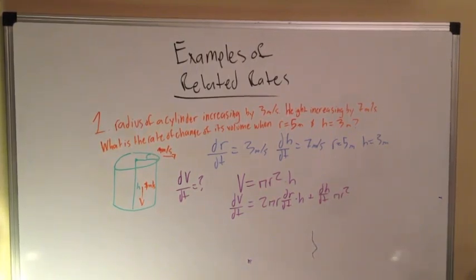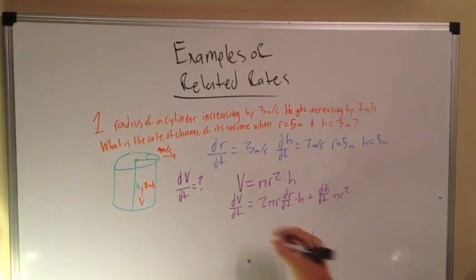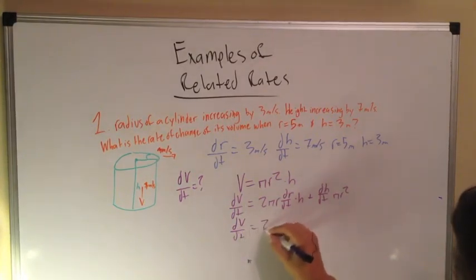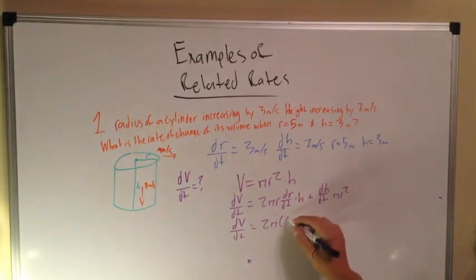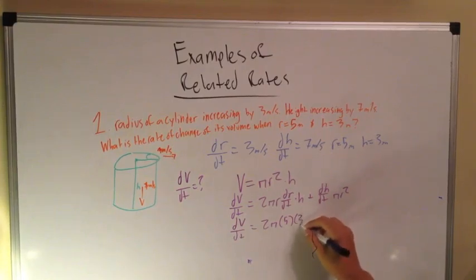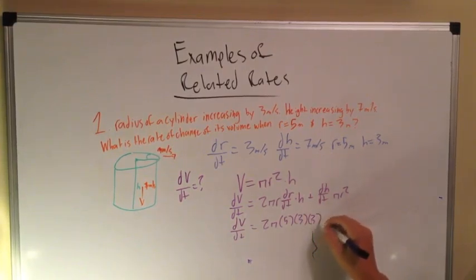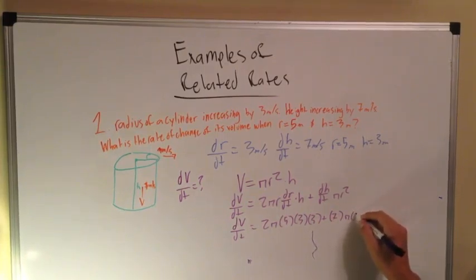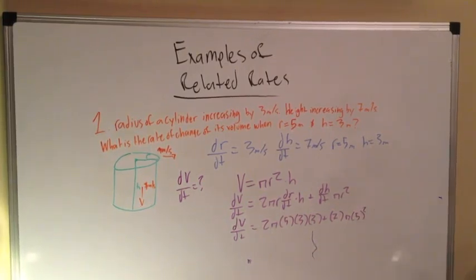And now you are left with an equation where you already know most of the things and you only need to find this one. So you plug in and what you get is dV/dt equals 2 pi times 5 times 3 times 3 plus 7 times pi times 5 squared.